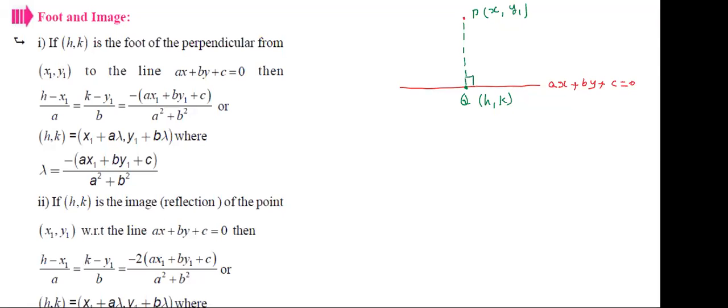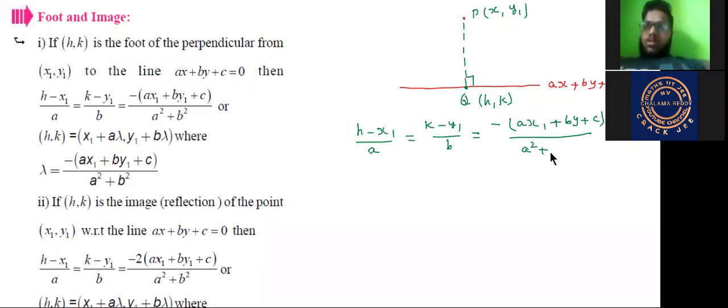This proof was already discussed, so I am writing only the formula. What is the formula? H minus x1 by a, that is equal to k minus y1 by b, that is equal to minus of ax1 plus by1 plus c divided by a square plus b square.